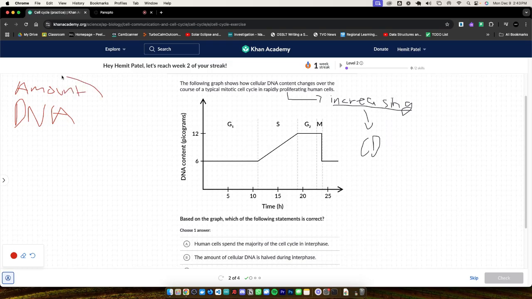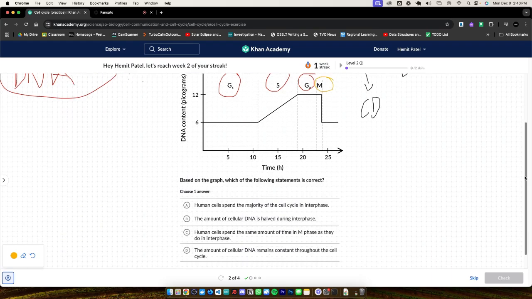So within here we can see that it's telling us the different stages. So G1, S, and G2, these are all part of interphase, and then M stands for mitosis. Okay, so based off this graph, which of the following statements is correct?